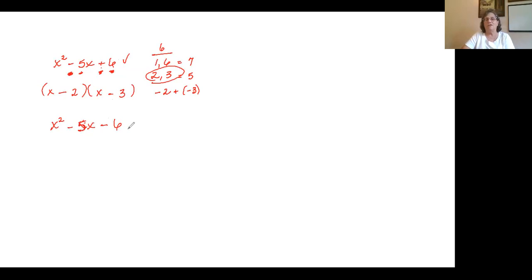I like the 5-6 combo because it will actually factor no matter what kind of signs I put in there. Now here, I'm still looking for factors of 6, and it's still 1 and 6 or 2 and 3. But now this tells me I'm going to subtract these. When I subtract these, the difference between these is a 5, and the difference between these is a 1.